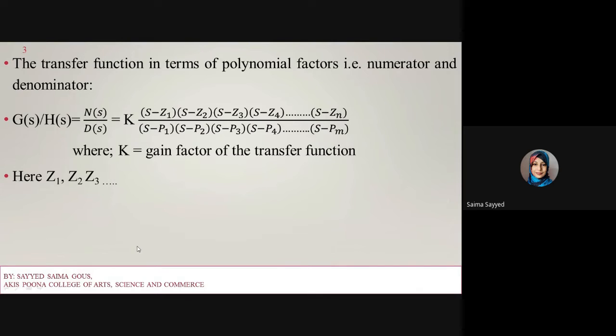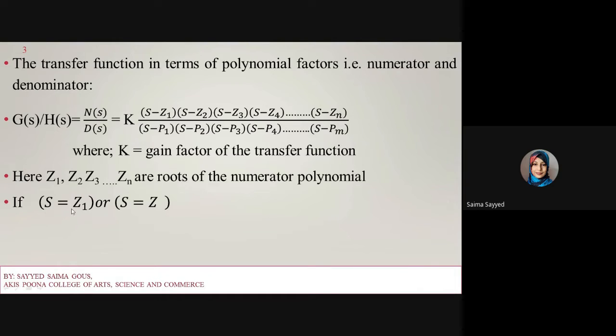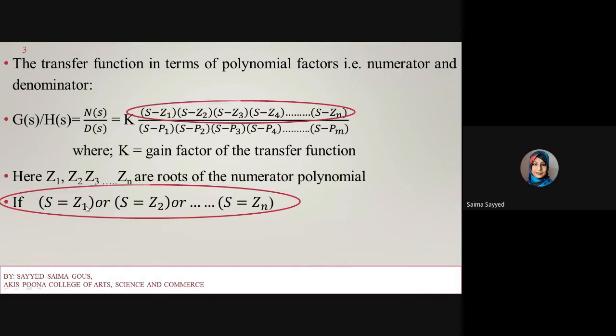Here z1, z2, z3 up to zn are the roots of the numerator polynomial. Now if we substitute s equal to z1, or s equal to z2, or s equal to zn, the whole term becomes 0 after substitution. Suppose the value of z1 is 1 and s is 1, then 1 minus 1 will be 0.